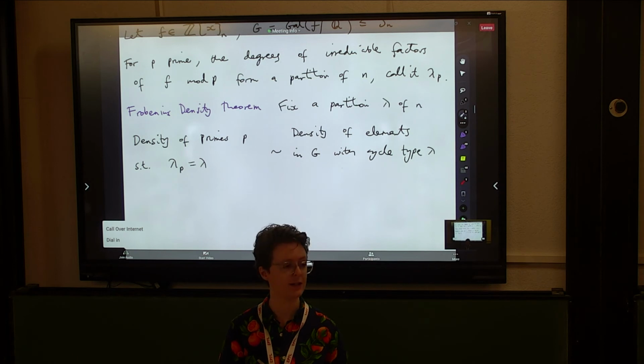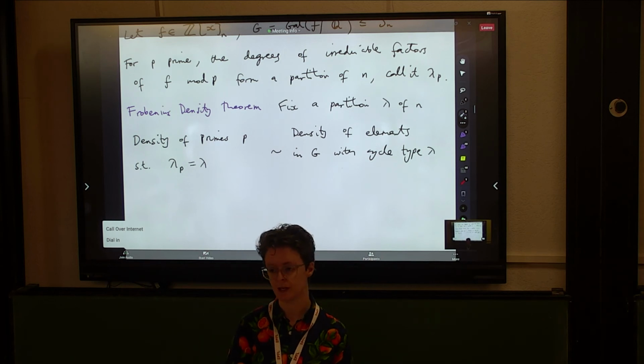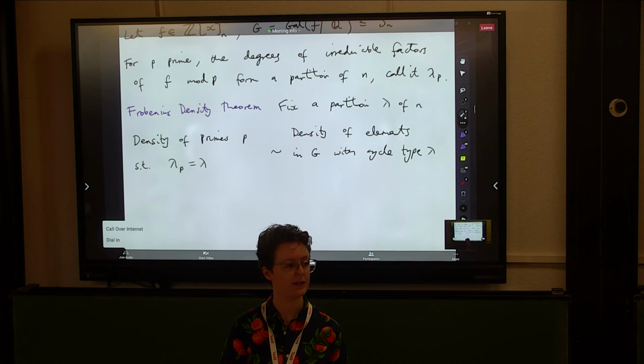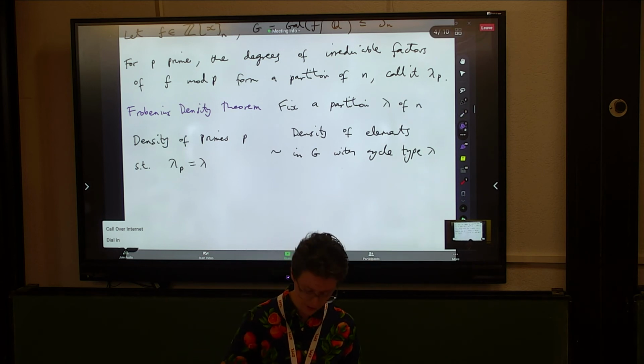The caveat is that I don't actually get the element that I picked. I picked a random element, but I lose the information except for the cycle type. So I only know the cycle type of my element in the symmetric group. That's the same as knowing the conjugacy class. And so this is why I'm interested in invariable generation, because I don't actually know the element, but I do know its conjugacy class.